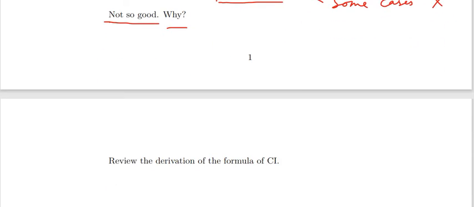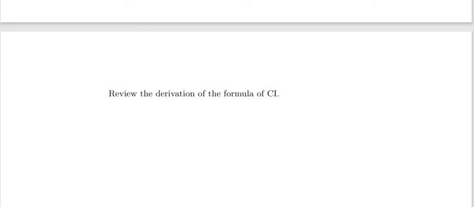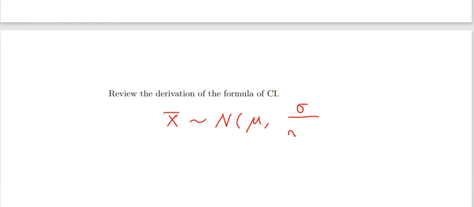So let's review how we derive this confidence interval for mu. From the sampling distribution, when we take a sample, x bar follows a normal distribution.